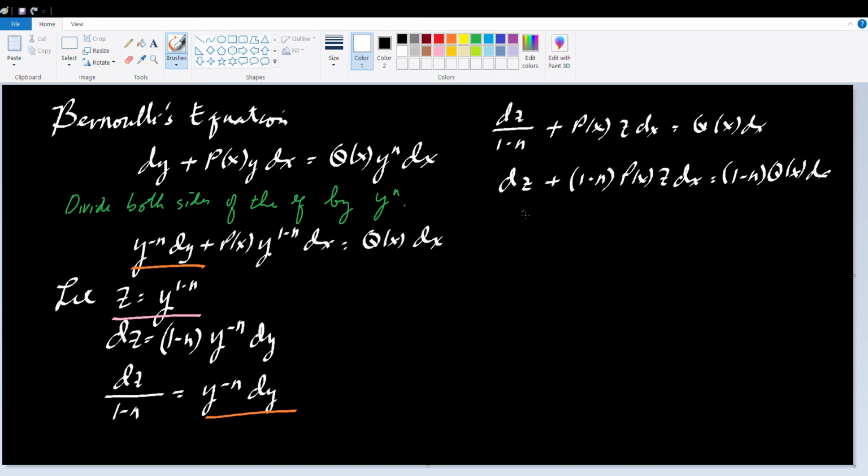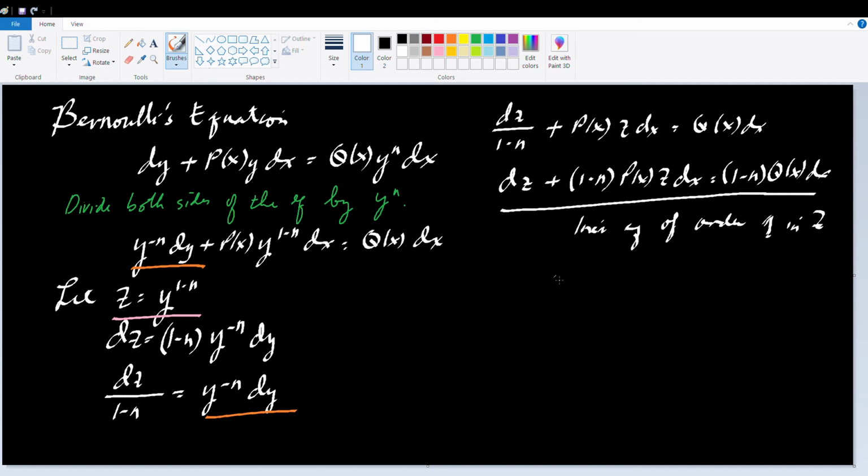And we recognize this as a linear equation of order 1 in the variable z. Notice that (1 minus n) p(x) is a function of x, and z appears separate from the dz. If this is a linear equation of order 1, we know how to arrive at the solution by calculating the integrating factor.